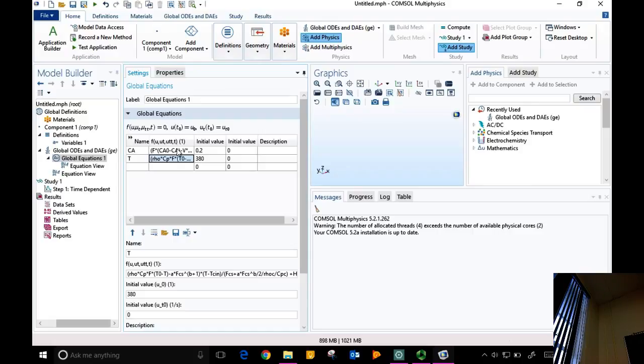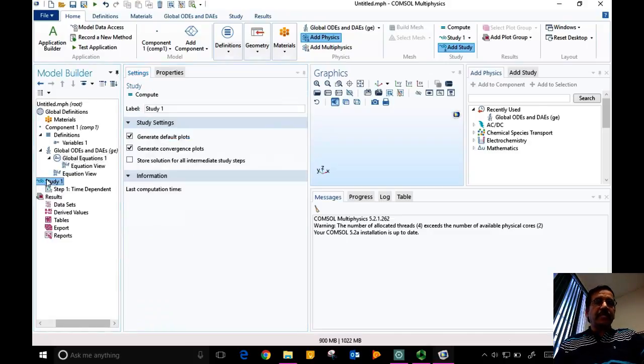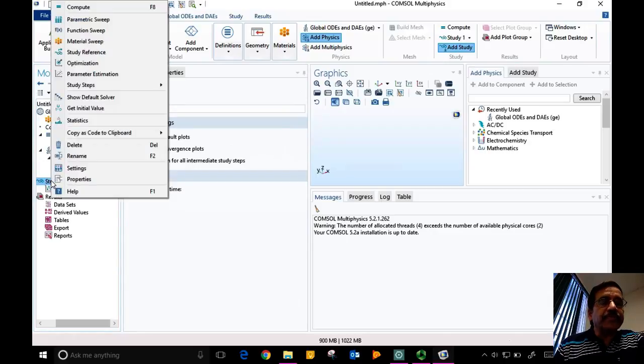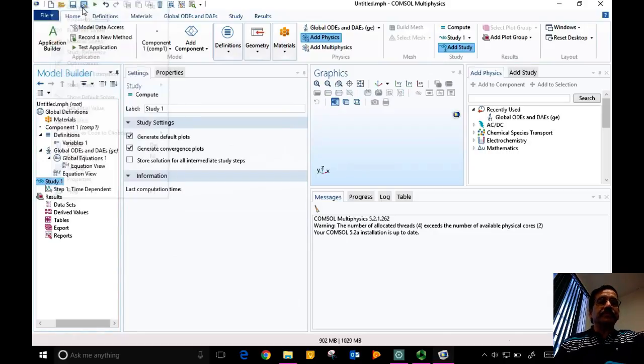Because all MATLAB and COMSOL do is add dCA/dt, the derivative with respect to time, on the left-hand side of the second equation. And then it uses the appropriate algorithm, something like ODE45. And we'll see the details of the algorithm later on. Okay? And then I think you just need to compute.